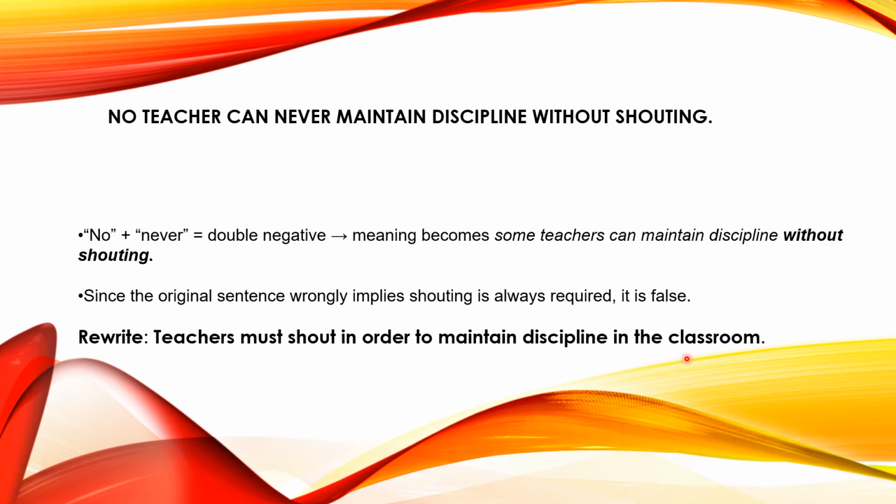No, not that. We don't shout in order to maintain discipline. There are so many ways we can use to maintain discipline in the classroom without shouting. You can use gestures, you can use proximity, you can use positive reinforcement and those kind of things. So we do not shout. So the statement here becomes what? False.